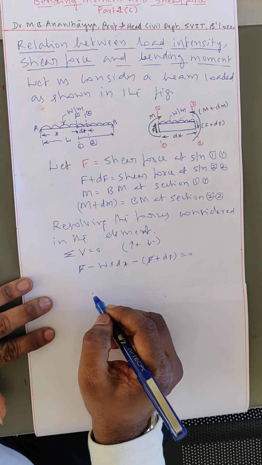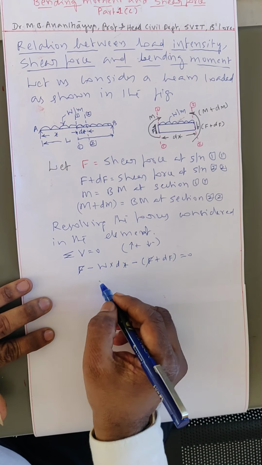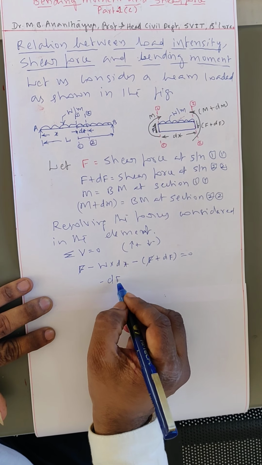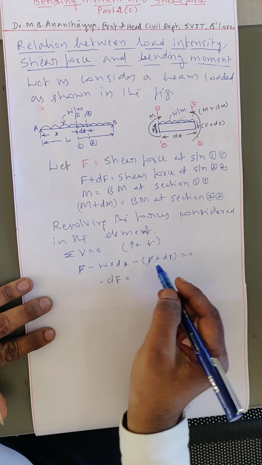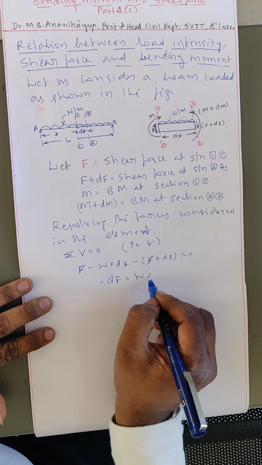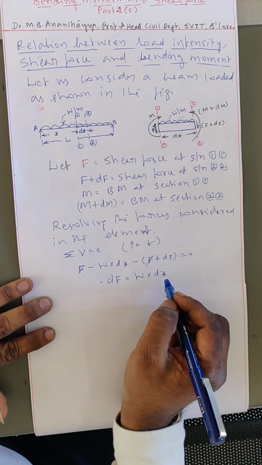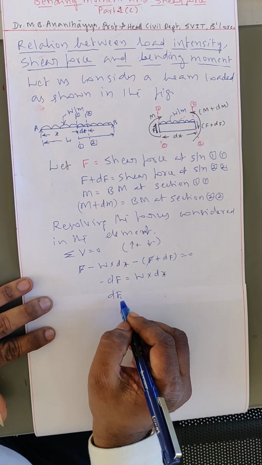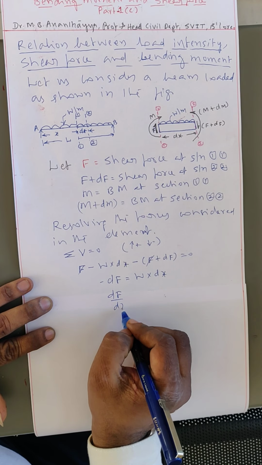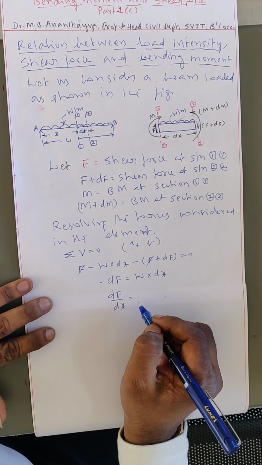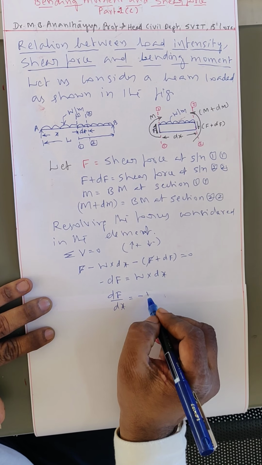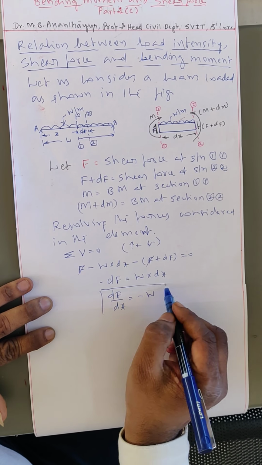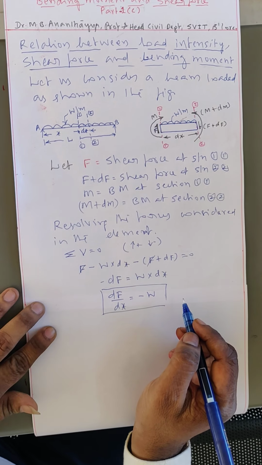What is remaining is minus dF equals minus W into dx. Taking it to the right side, dF by dx equals minus W.